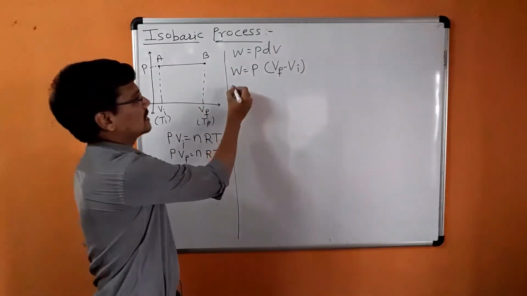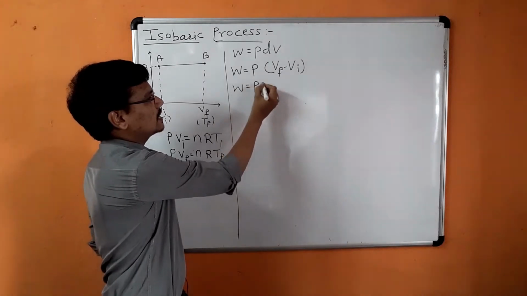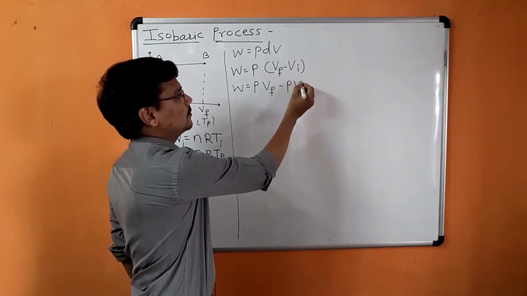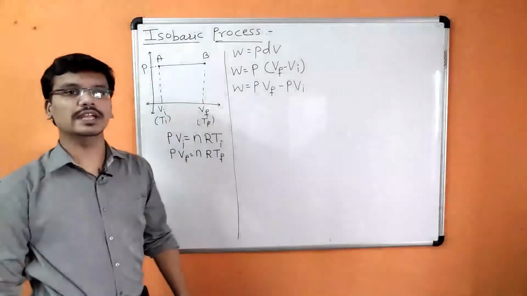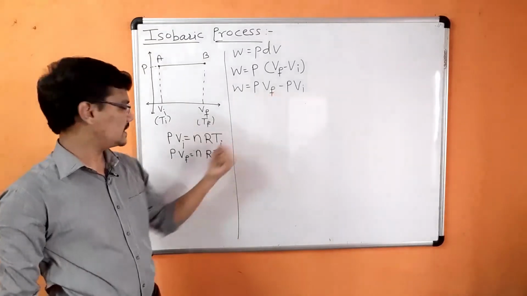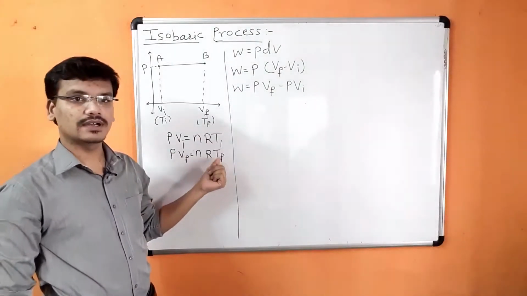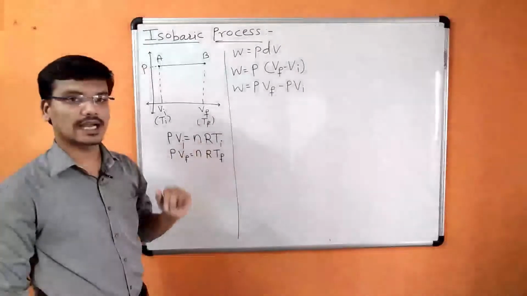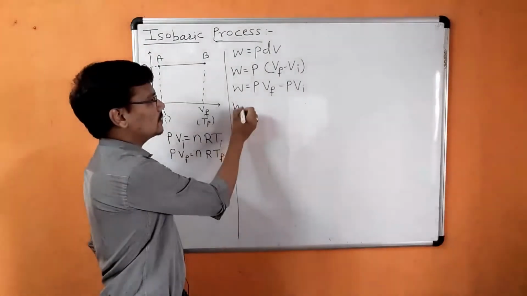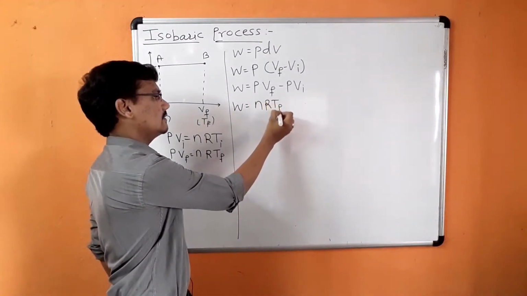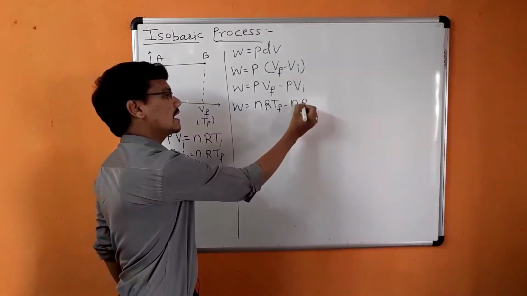Again, W equals P Vf minus P Vi. The value of P Vf is nRTf and the value of P Vi is nRTi. Therefore, W equals nRTf minus nRTi.